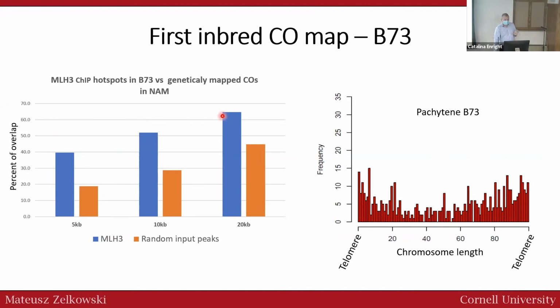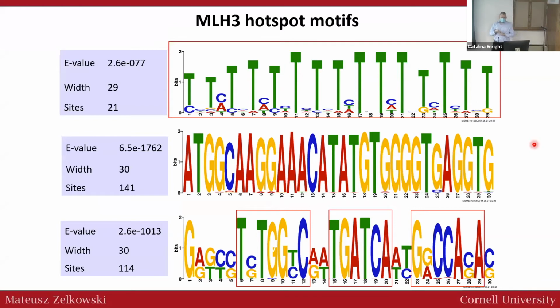But still, we can have some limitation because of the resolution of our reference crossover map. In the pachytene, we can also see there are more elevated peaks on the distal part of the chromosome.